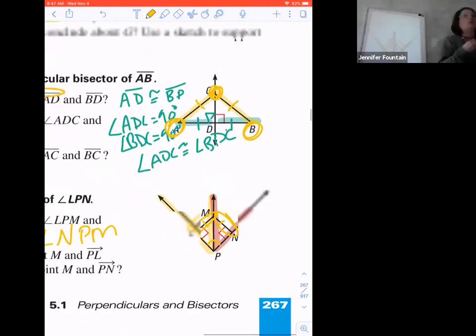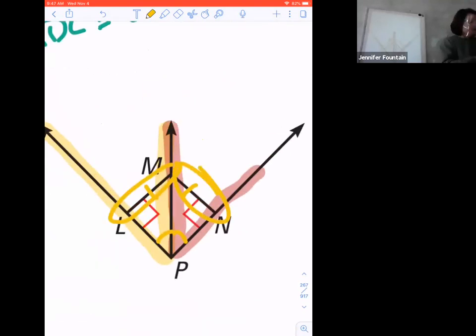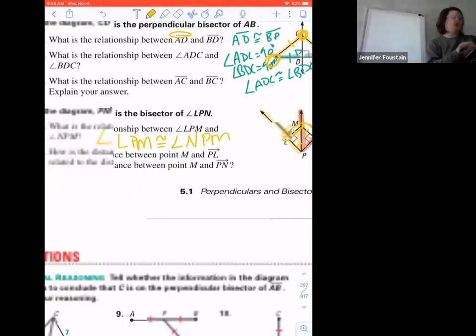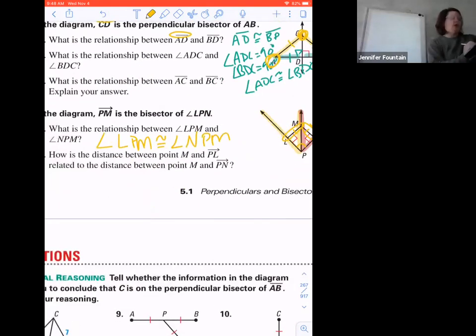Okay, but what do I know about LM and NM? They're congruent. We had already marked that before we even looked at the questions. If you understand the relationship first, then you're going to be able to answer the questions much more easily. If you look at the drawing and diagram it and break it down before you even try to answer the questions, we had already answered these questions before we even answered them.